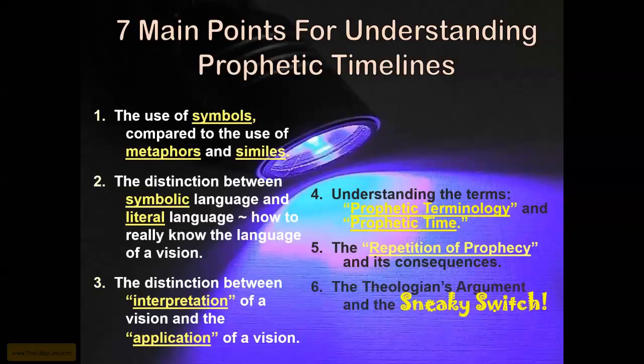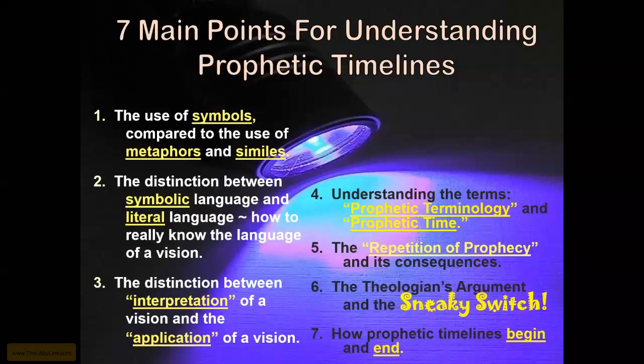I'm sure you'll be surprised to find out what's been happening. Seventh, and in the last point, we'll look at how timelines begin and end. Do all of them follow a pattern? Should they follow a pattern? What do you think? That's number 7, how prophetic timelines begin and end.